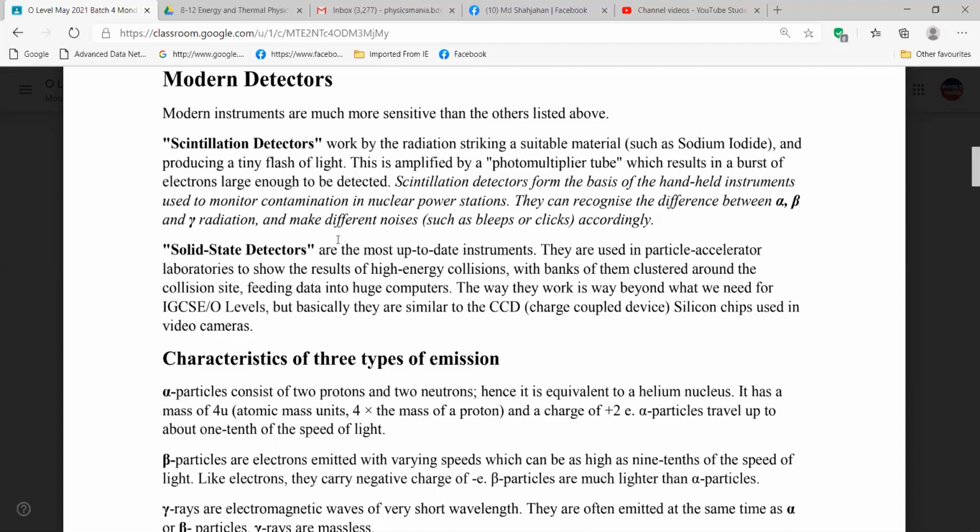For alpha it gives one kind of noise, for beta a different sound, and for gamma another sound. So can I write it in points, like handheld instrument, can differentiate between alpha, beta, and gamma? Yes, that will be better. A handheld instrument, and it is used in nuclear power stations to detect contamination.